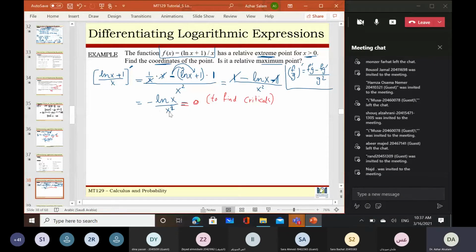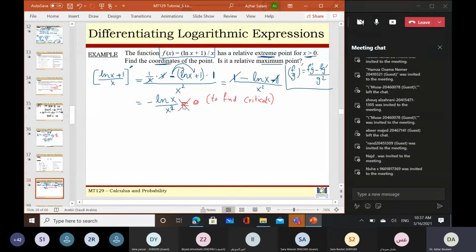I have here a quotient equal to 0. So I apply the scissor multiplication. If a numerator over a denominator equals zero, it means the numerator is the one that equals zero. Why? Because I multiply the denominator by zero and it equals zero. This is equivalent to saying that minus ln x equals 0.